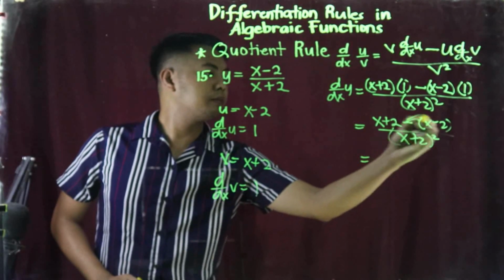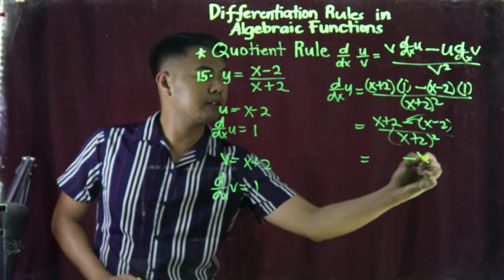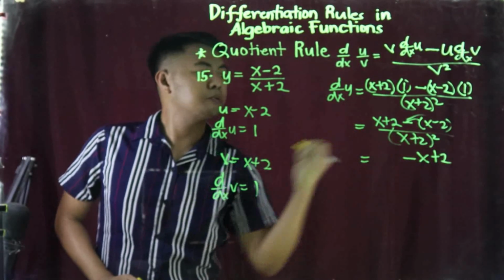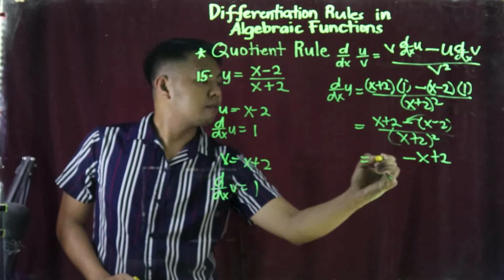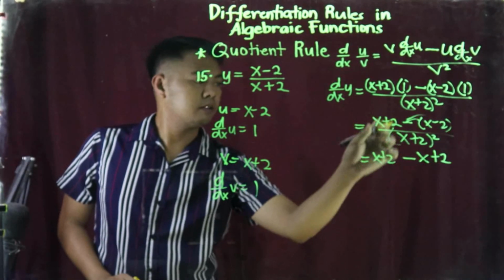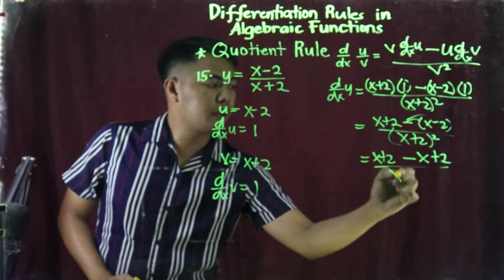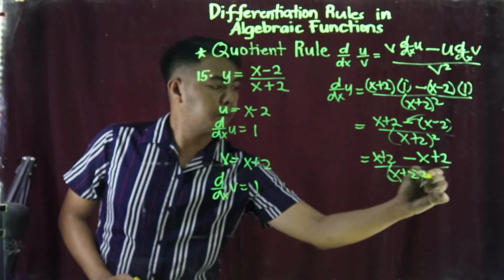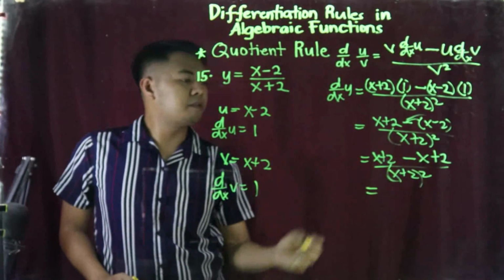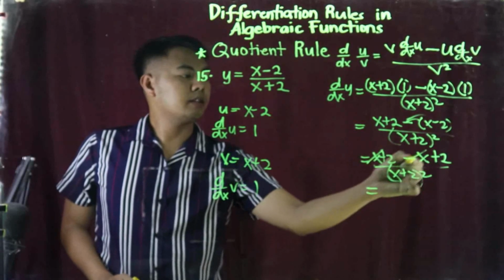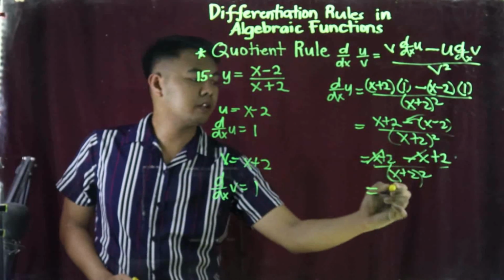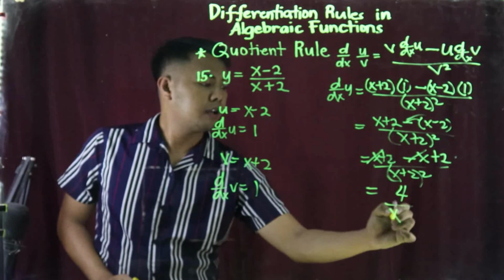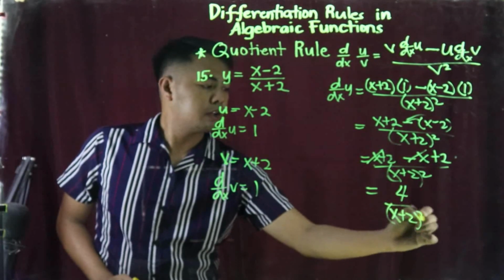So distribute the negative sign, so that will become negative x plus 2. So we have x plus 2 here. And then copy the denominator, x plus 2 squared. Then simplify: x minus x, that is 0, and then 2 plus 2, that is 4, over x plus 2 squared.